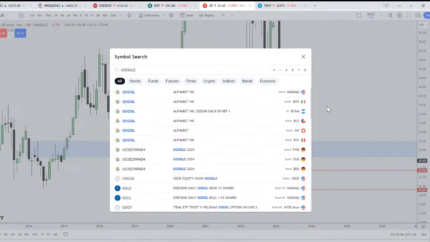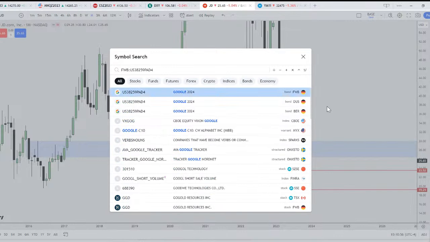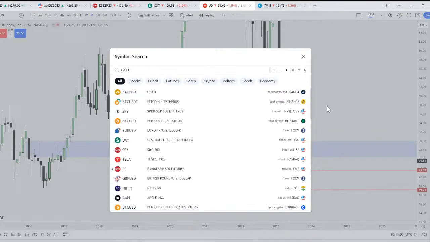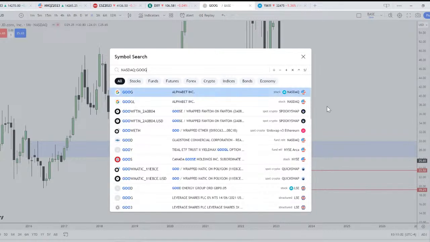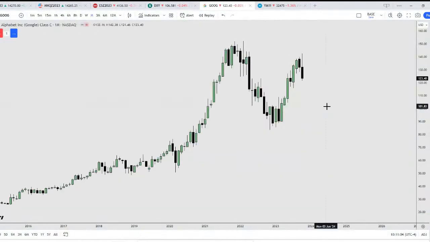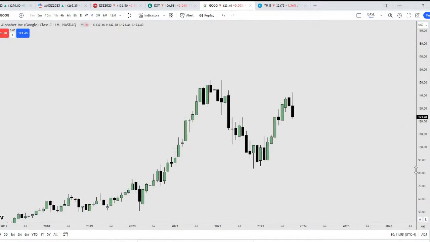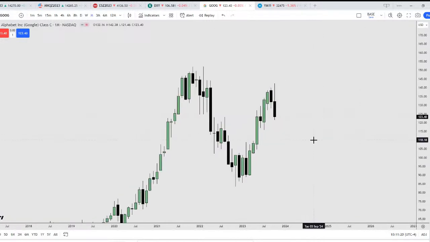Google. Whoops, what is this? Google Alphabet Inc. Let me know if this is the correct one. I'm not too sure about this. Class C. Oh, I thought Google was in the thousands, but never mind. I think it should be the same.